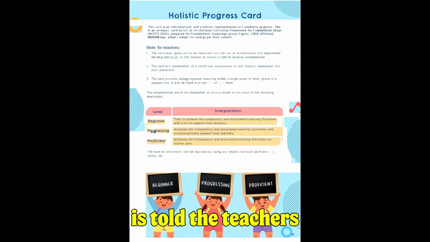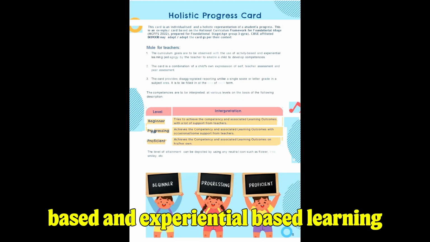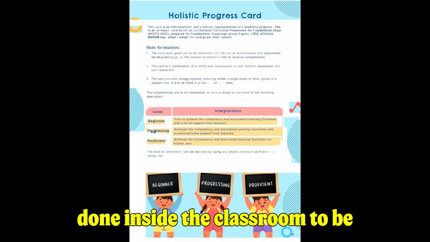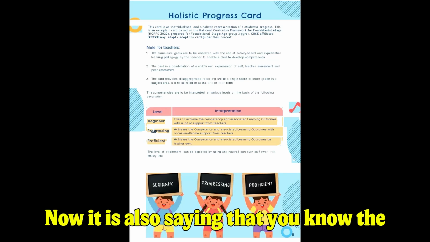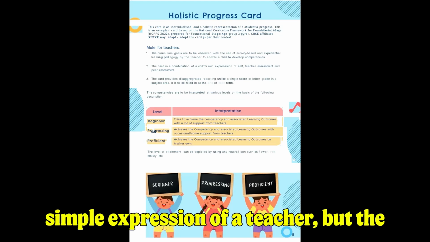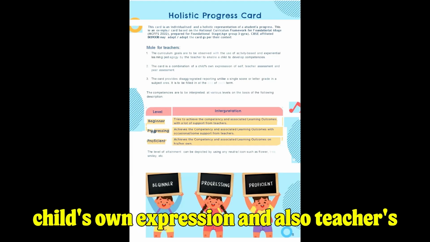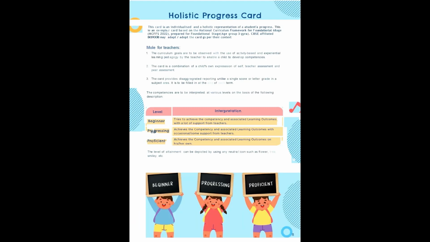It is told the teachers should observe the activity based and experiential based learning done inside the classroom, to be observed and evaluated. It is also saying that the card is not a simple expression of a teacher, but the child's own expression, and also teacher's assessment, peer assessment, and parent assessment.